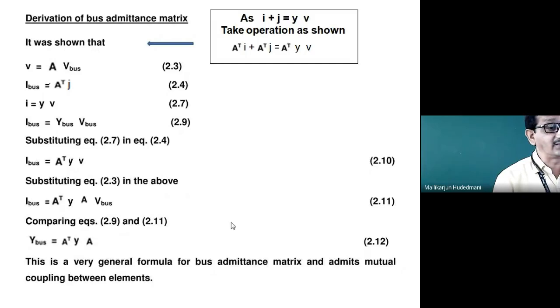singularly, because matrix A is not a square matrix. It is going to transform it into Y bus, which is meaningful. Hence, we call this the singular transformation of elemental data Y and parameters into a meaningful data Y bus. Hence, the transformation taken over here is by the use of matrix A, which is singular. Singular means you must be knowing the determinant we cannot define.